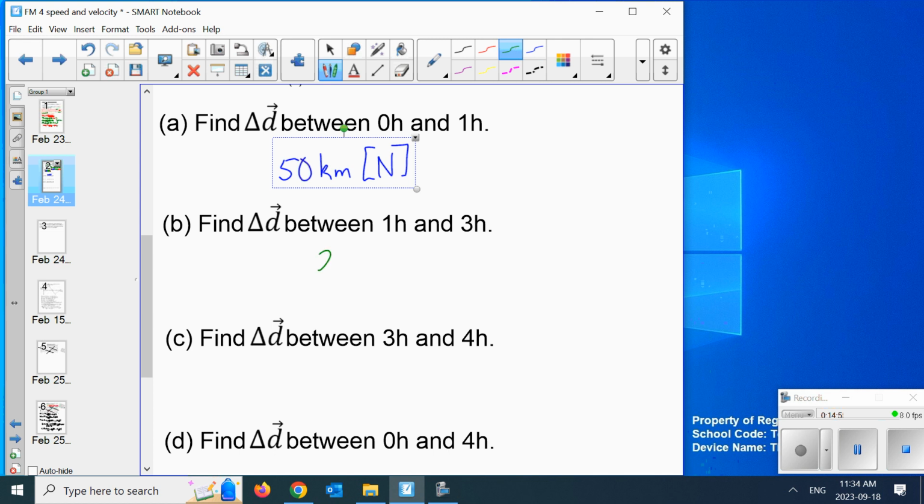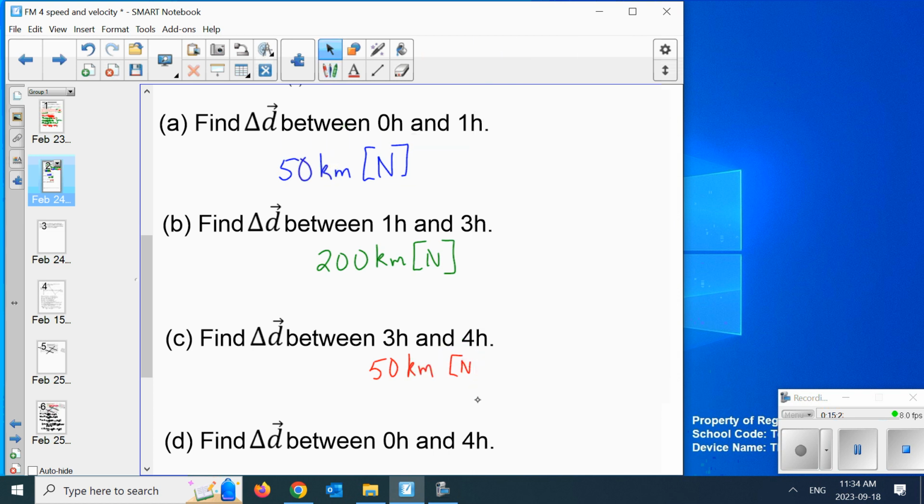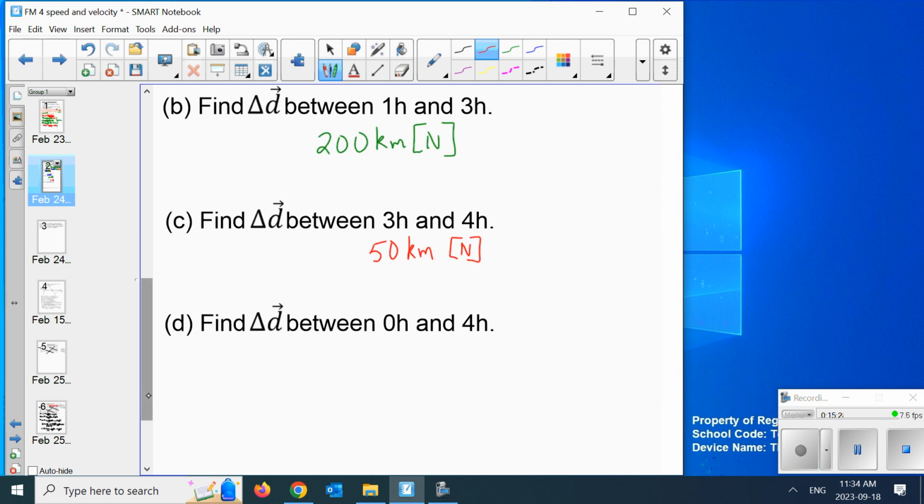And between 3 and 4 hours, that's 50. Even though the slope is going down, that just means it's slowing down. It's still traveling north because it's above the axis. The whole thing, if you add those three answers up, is 300.